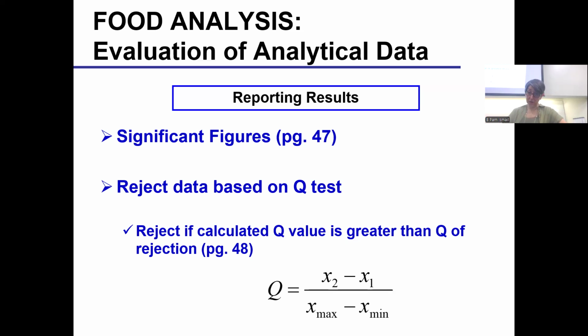So we touched on significant figures. You can also reject a data point. I think we talked about it very briefly last time, when you have 3 replications. That's why I tell my students the minimum is 3 replications, no matter what. But sometimes we need to do 5, 6, 10, depending on the complexity of the method.